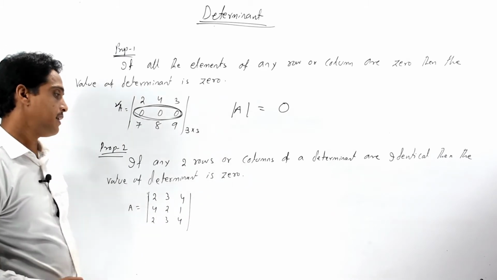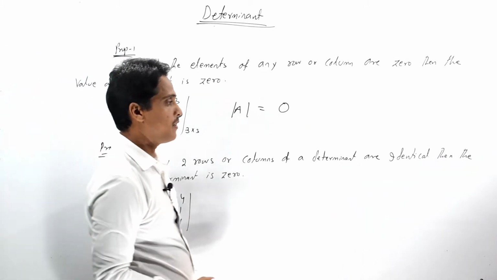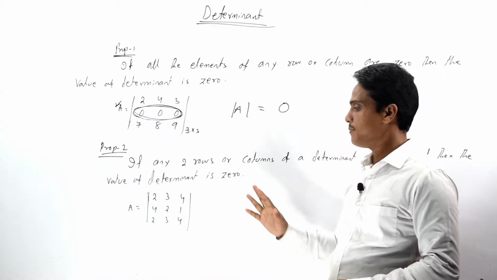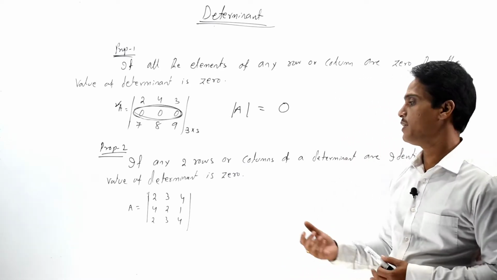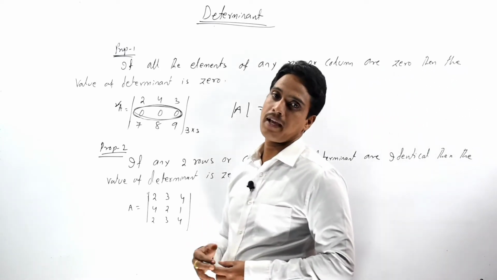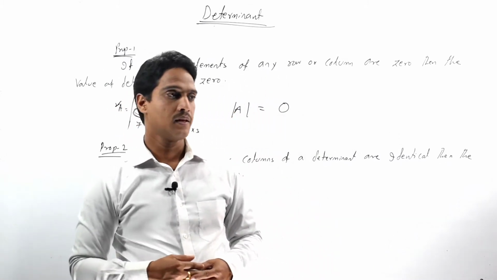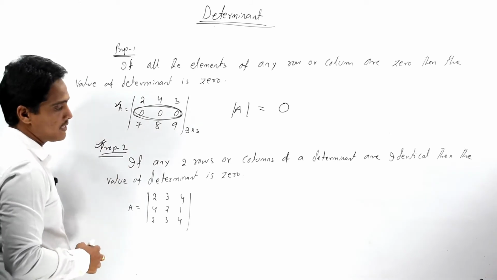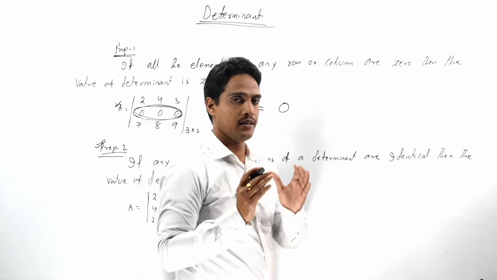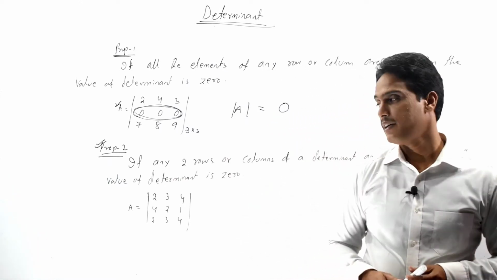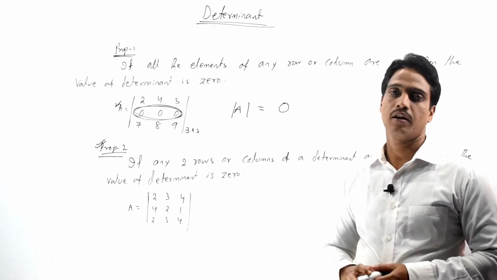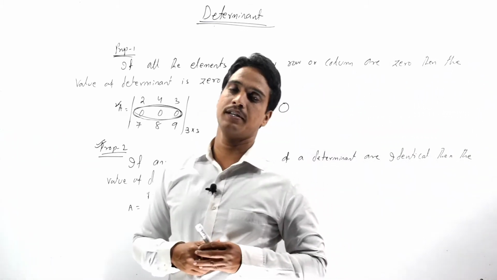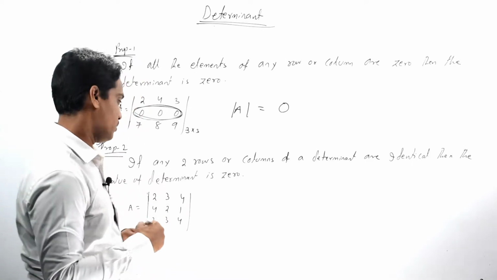The value of the determinant can be computed by expanding, or by using the minor method, the cofactor method, or Sarrus's diagram. But there is a property that indicates that if the elements of any 2 rows or columns are identical, then the value of the determinant is 0.